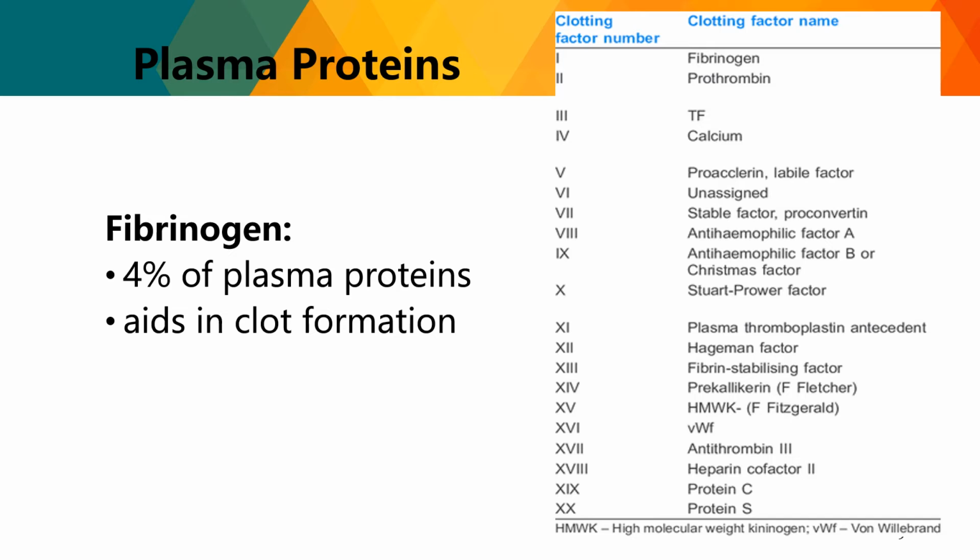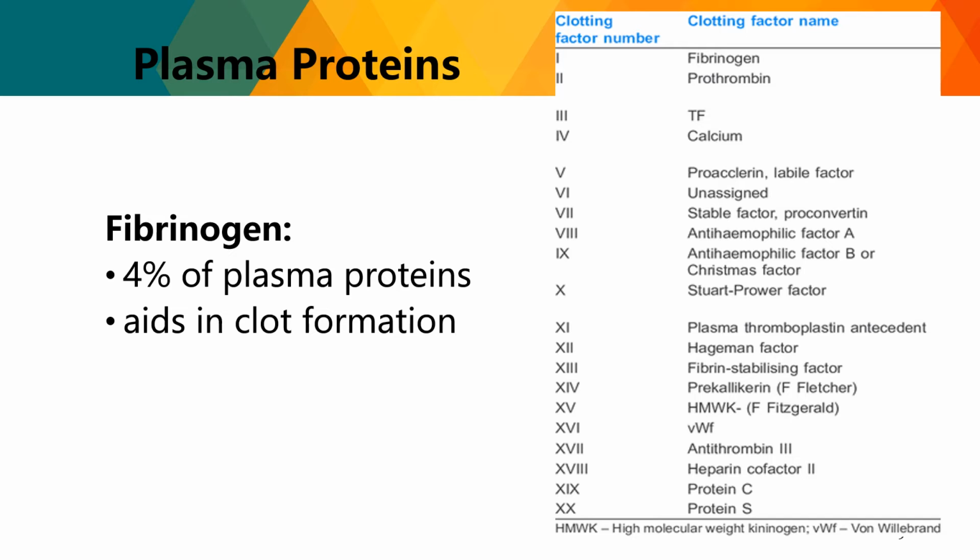These clotting factors, of course, do have several roles that they perform, and there are actually around 18 types of clotting factors. So please memorize, or at least know some of these clotting factors, because they may be asked during your exam.